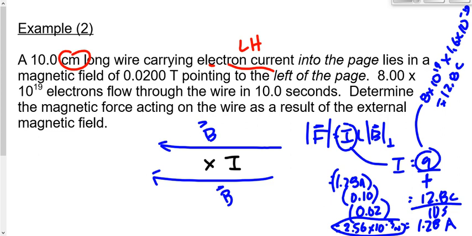Let's just double check that. 8 times 10 to the 19, should be 10 to the 19, I think. Oh, yours says 14? Okay. Why does mine say 19 and yours say 14?